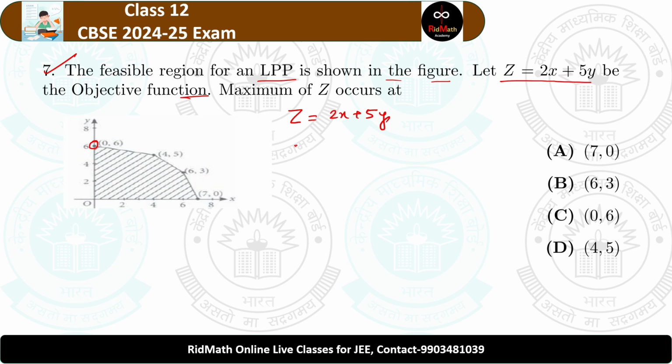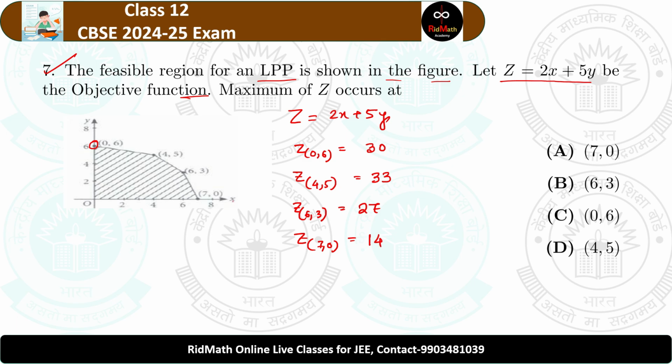So z at 0, 6 is equal to 30. Z at 4, 5 is equal to 8 plus 25, that is 33. Z at 6, 3 is 12 plus 15, 27. Z at 7, 0 is 14.